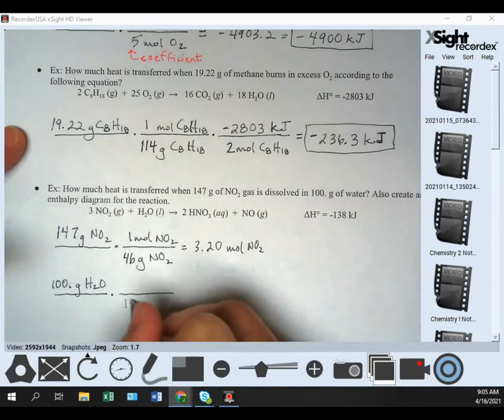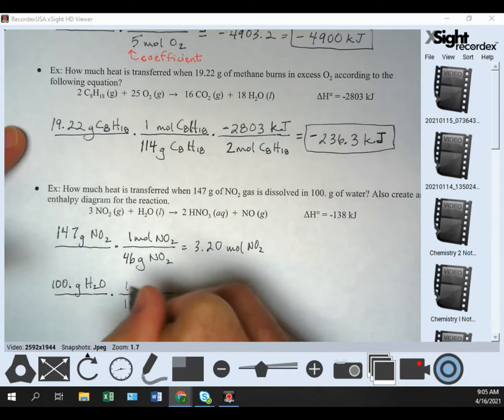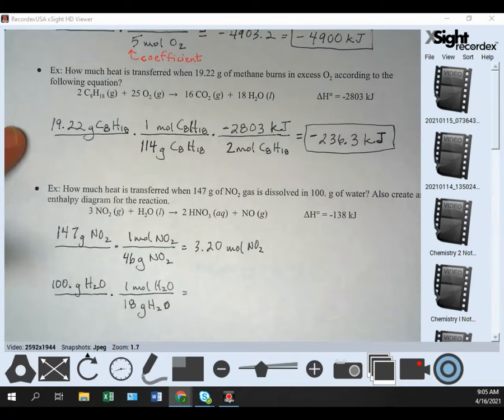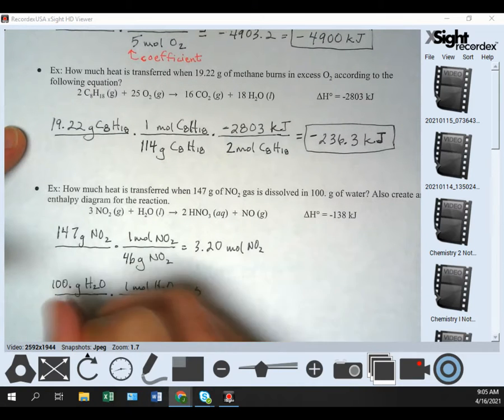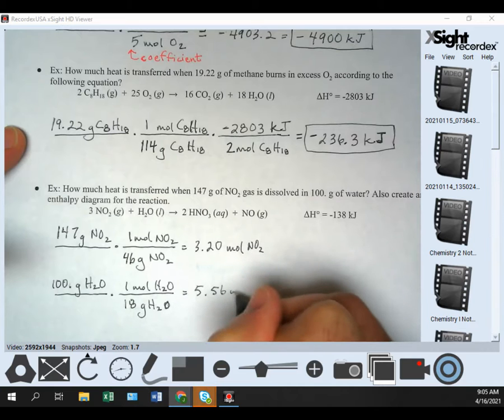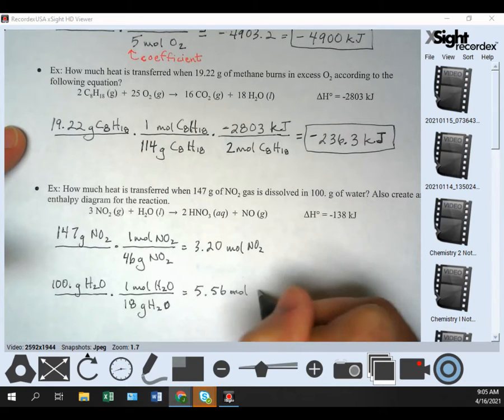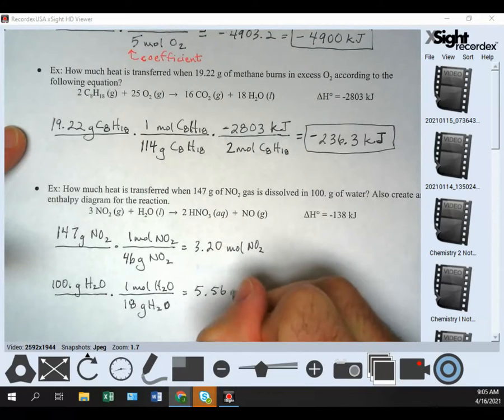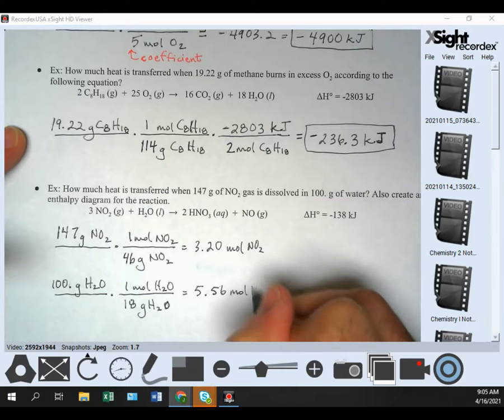So it's 18 grams of water for 1 mole. And that comes out to be, three significant figures again, so 5.56 moles of water.